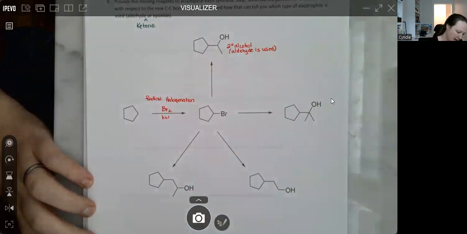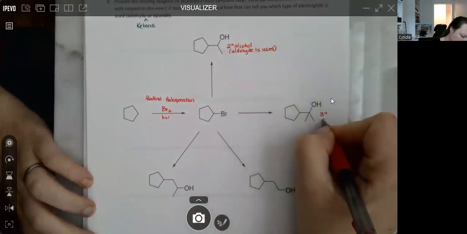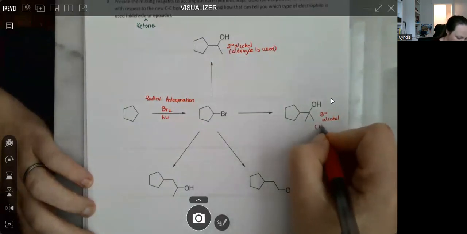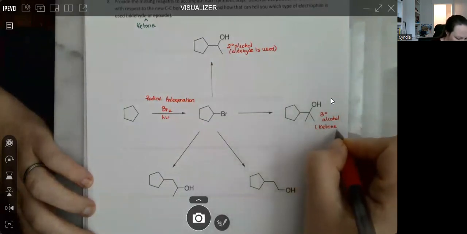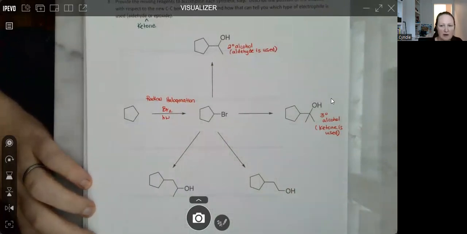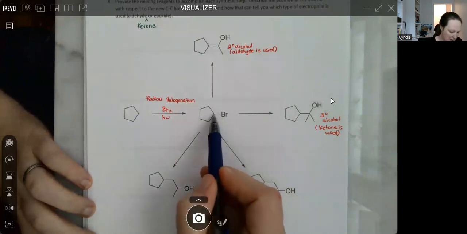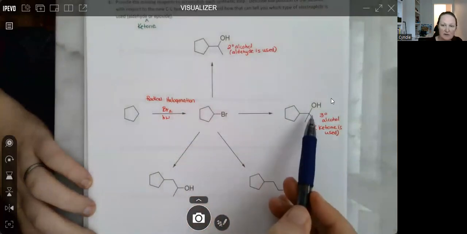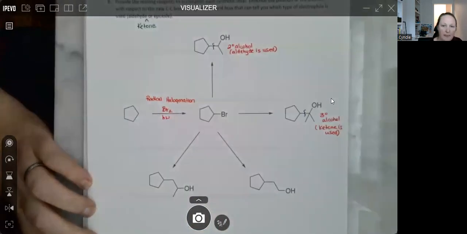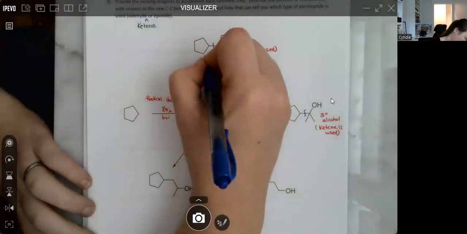Over here we have a tertiary alcohol, so we're going to use a ketone in this case. And when it talks about the positioning with respect to the new carbon-carbon bond, you can think about where the new carbon-carbon bond is. This carbon is now getting attached to each of these carbons, so this one here is the new carbon-carbon bond.